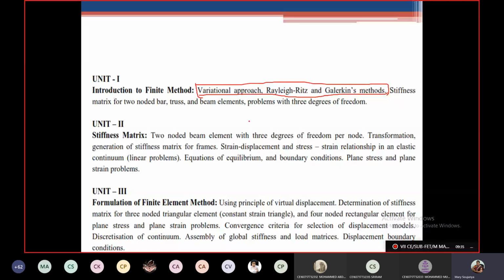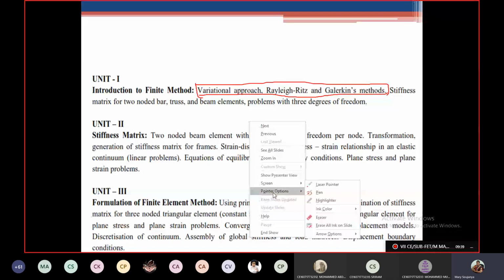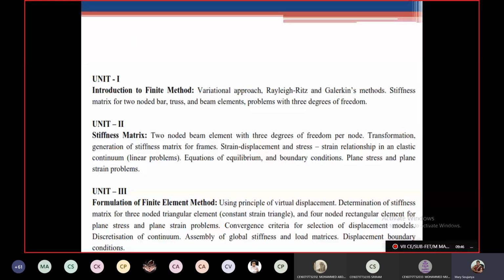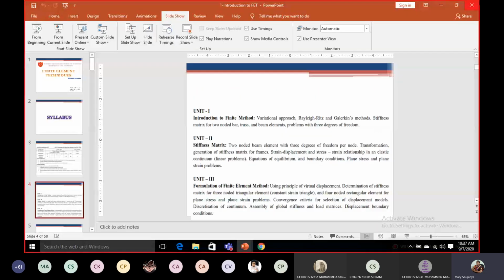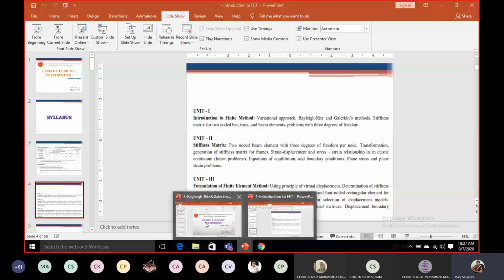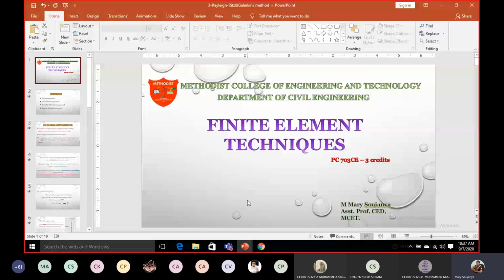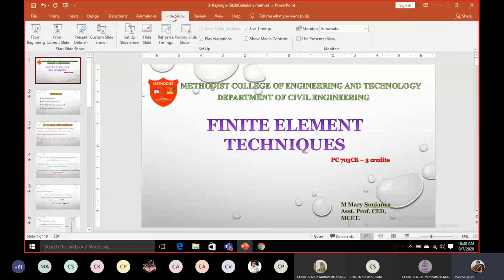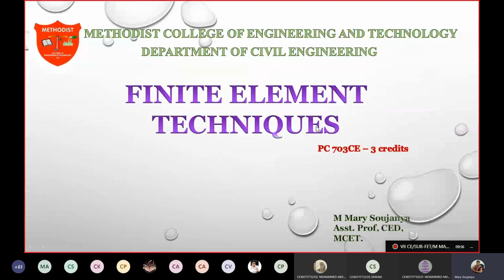From our first class, if you remember, I mentioned what FEM is all about. Can one of you tell me the gist of what finite element techniques actually are? That will be helpful for us to go to this topic today. Any one of you?